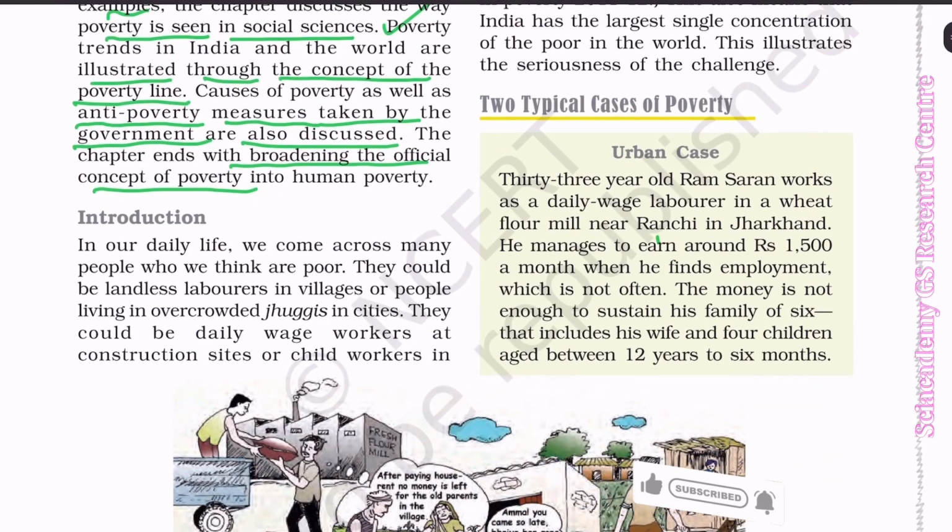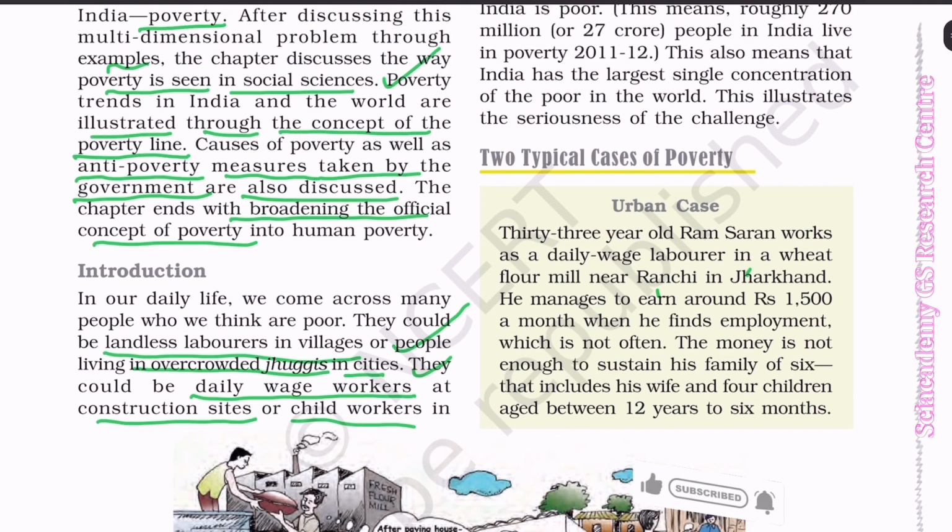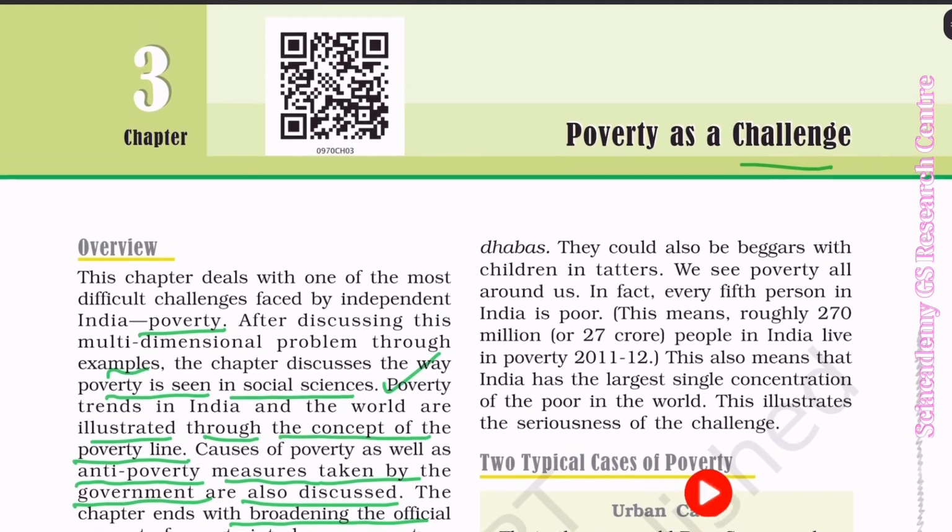Introduction: in our daily life, we come across many people whom we think are poor. They could be landless laborers in villages or people living in overcrowded jhuggis in cities. They could be daily wage workers at construction sites or child workers in dhabas.